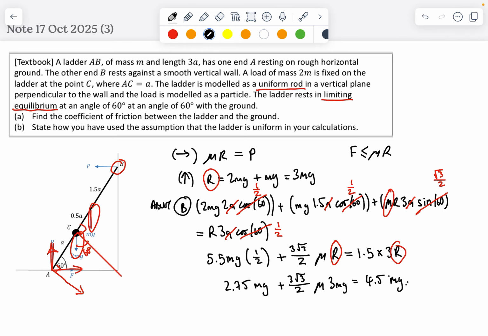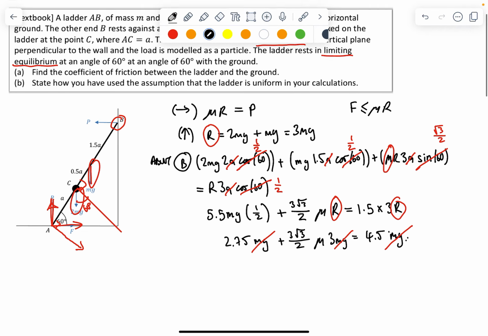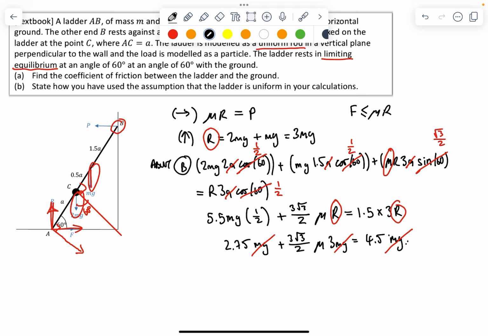Now again, you can see mg is in each term, which just leaves me with 3 terms.